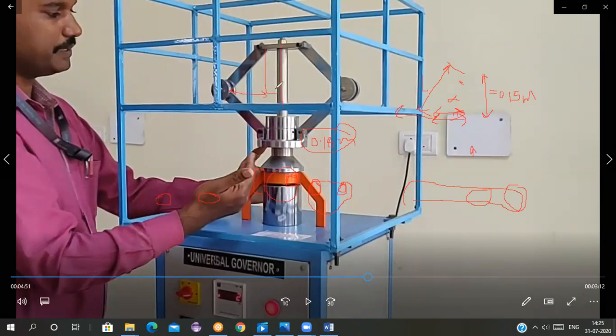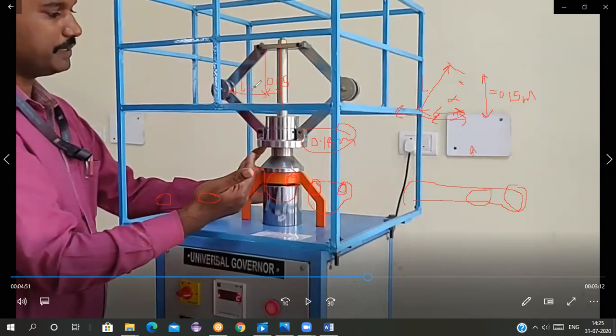So what we are doing, we are taking this value as 5 centimeter, that is 0.05. This distance is 0.05, that is 5 centimeter, and this is L sine alpha. All of you are getting this.